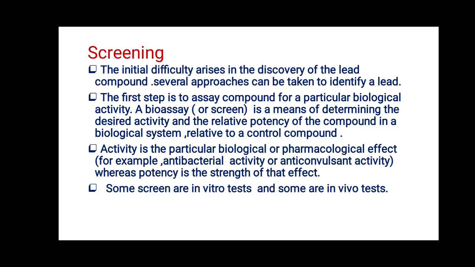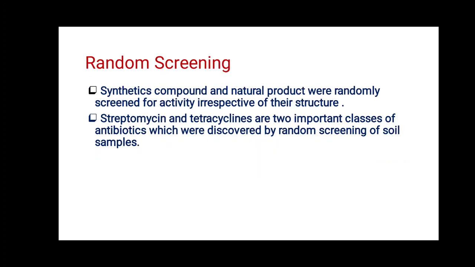Some screens are in vitro tests and some are in vivo tests. There are two types of screening: random screening and non-random screening. Random means randomly. Synthetic compounds and natural products are randomly screened for activity irrespective of their structure.